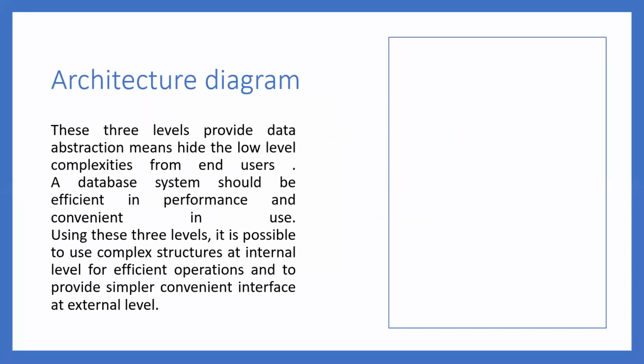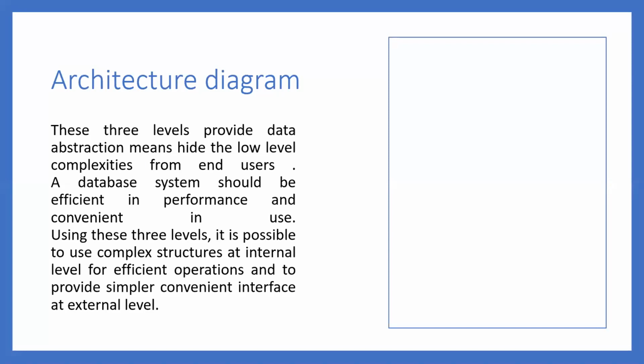Data abstraction means hiding the data. This architecture hides the low level complexity from end users, and it is also efficient. By using this architecture the performance of the database will increase, and it is convenient to use.